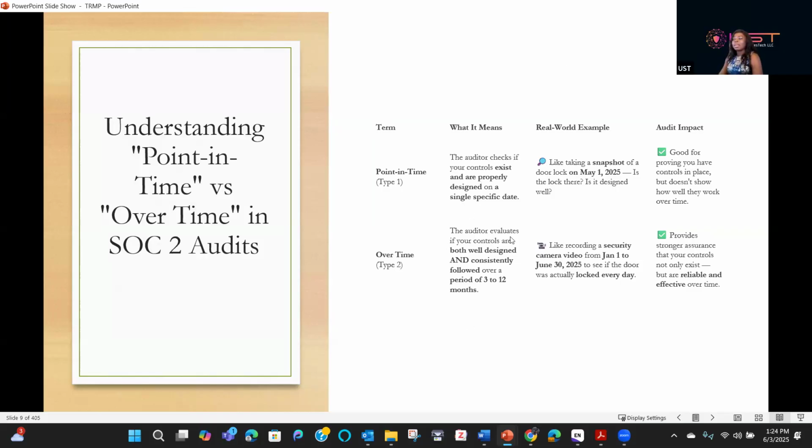But let's look at over time. The auditors evaluate if your controls are both well designed and consistently followed over a period of 3 to 12 months. It's like recording security camera video from January 1 to June 30th, 2025, to see if the door was actually locked every time.